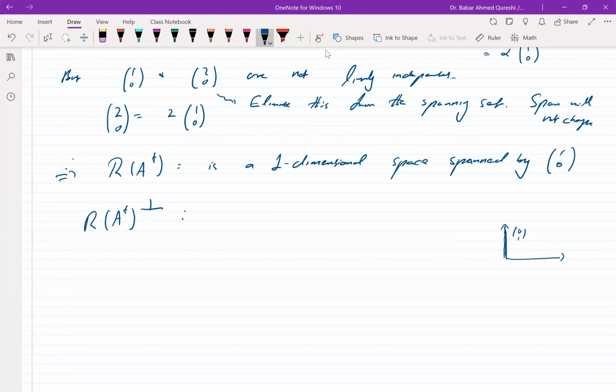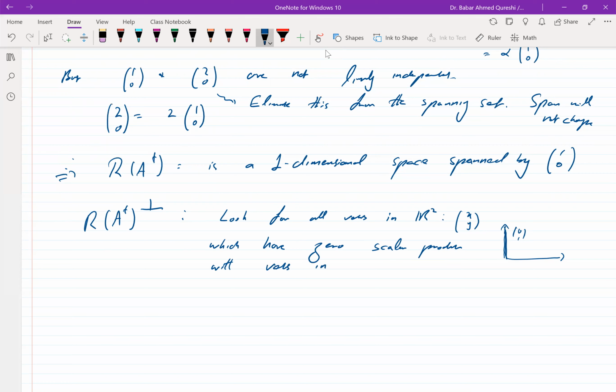But we can compute. I'm looking for all vectors in R2 of this form which have 0 scalar product with vectors in R A transpose.